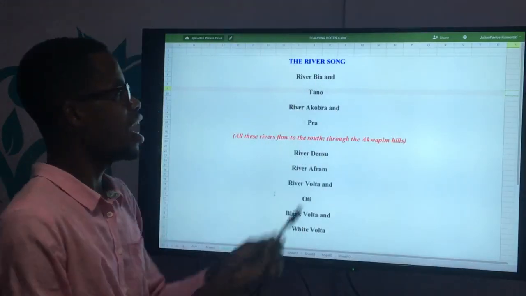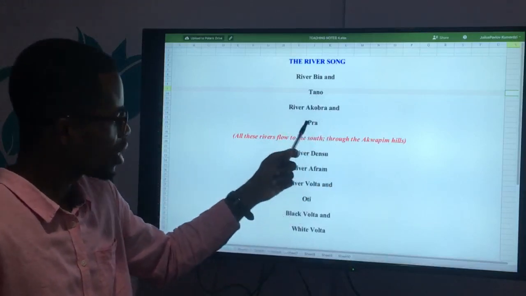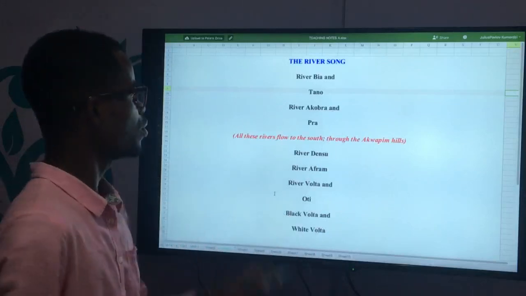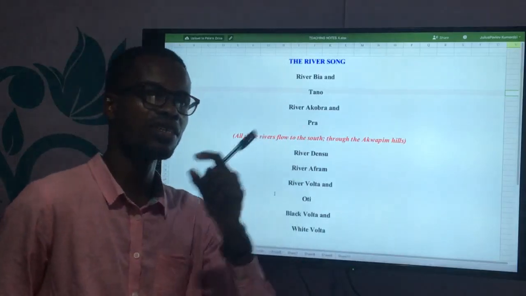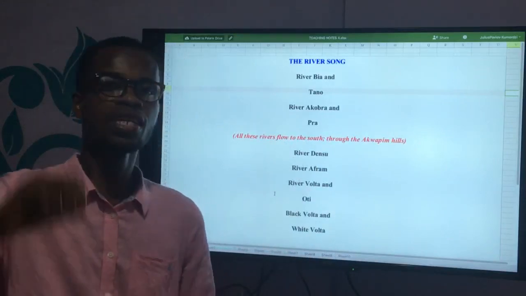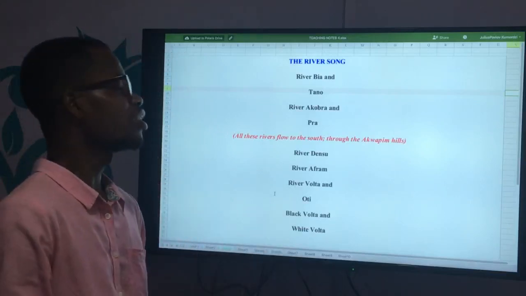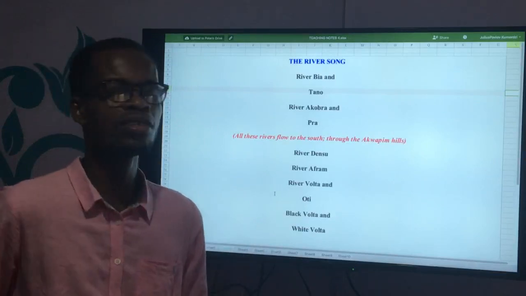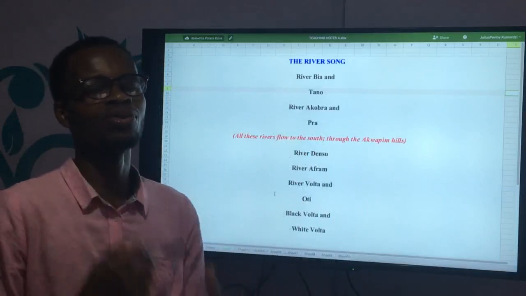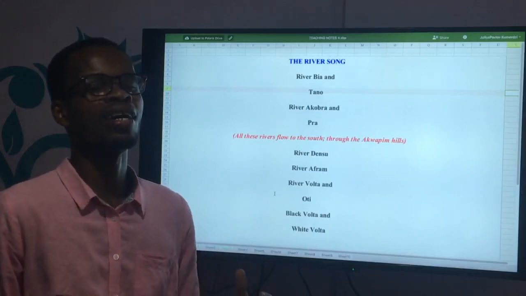River Bia and Tano, River Ankobra and Pra. All these rivers flow to the south through the Equapim Hills. River Densu, River Afram, River Volta, Oti, Black Volta and White Volta.